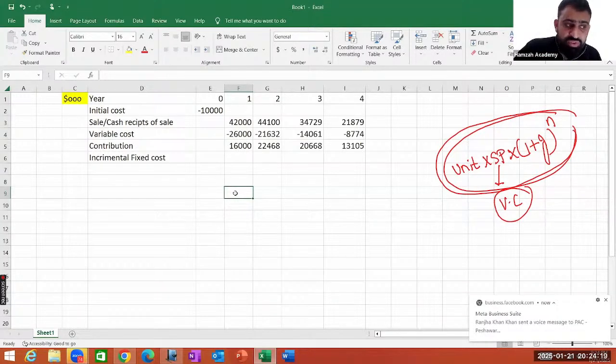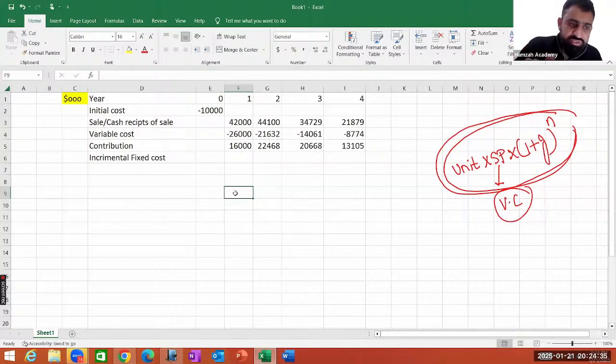That cost we do not consider in NPV. Only the incremental fixed cost, which is due to the project, will be selected. And fixed cost is a cost which will remain constant at all levels of activity, except for inflation. If there is any change in the fixed cost, that would be inflation. Otherwise, the level of activity does not impact the value of the fixed cost.